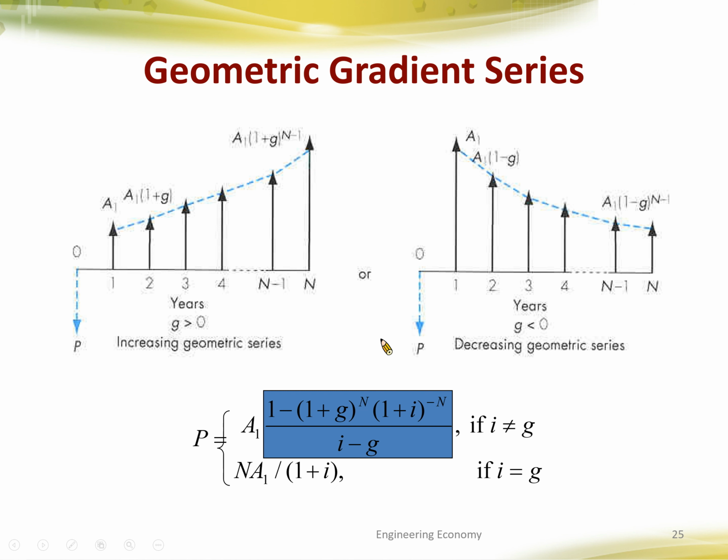So when I is not equal to G, there's one way to compute the present value. When I equals G, there's another way to compute the present value, so that we can easily obtain the present value, or also the future value.